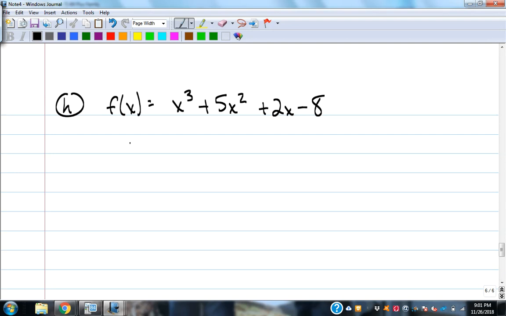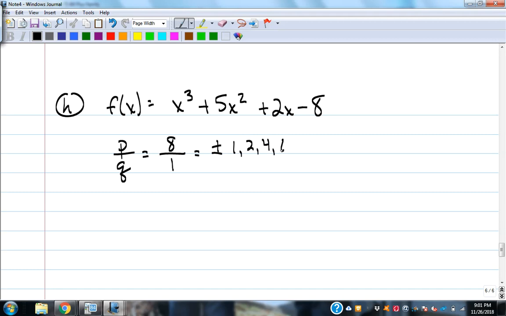Okay, let's build our P over Q list before we start, so that we kind of know what numbers we need to try when we get the graph out of this. So on the top, we need the factors of 8. On the bottom, we need the factors of 1.